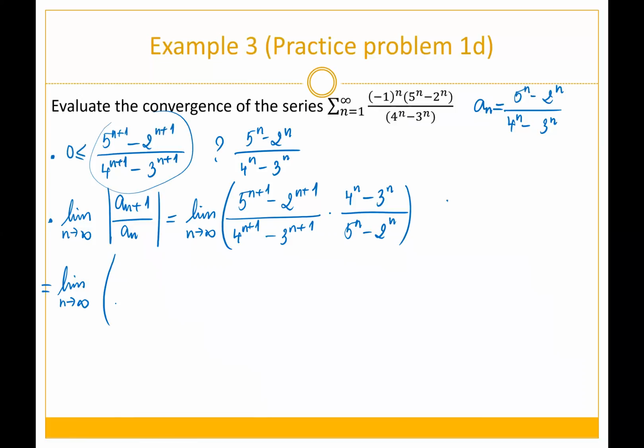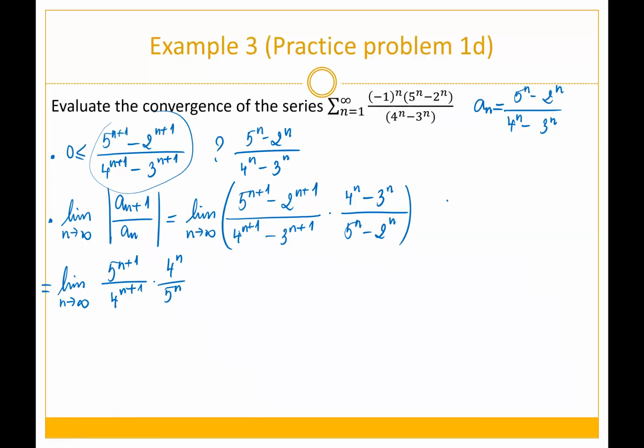So the dominant terms in the numerator give 5 to the n plus 1 over 4 to the n plus 1, multiplied by 4 to the n over 5 to the n. The rest of the terms, 2 to the n plus 1 and 3 to the n plus 1, are negligible compared to 5 to the n plus 1 and 4 to the n plus 1 as n goes to infinity, because you have a bigger base.